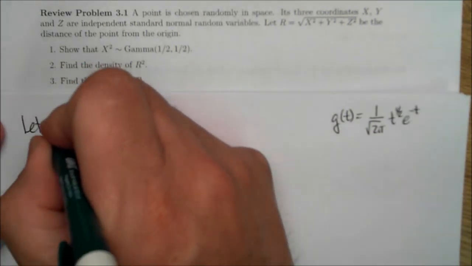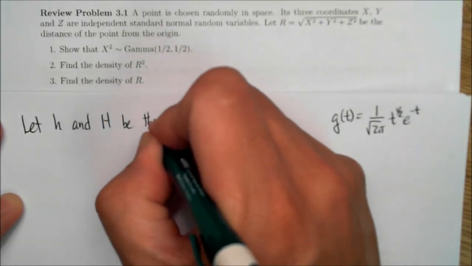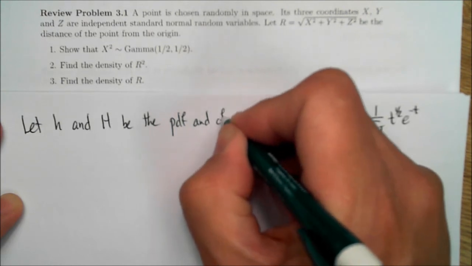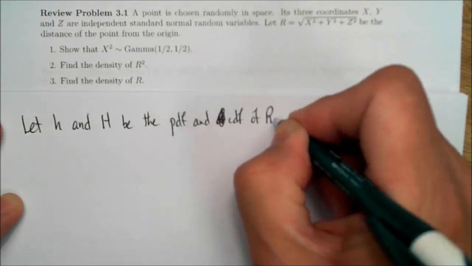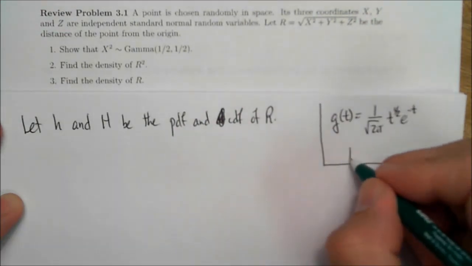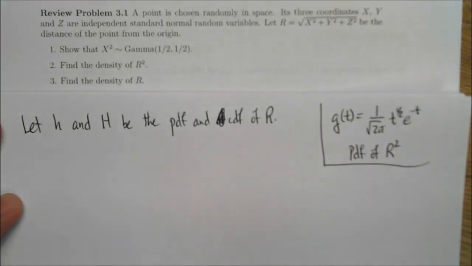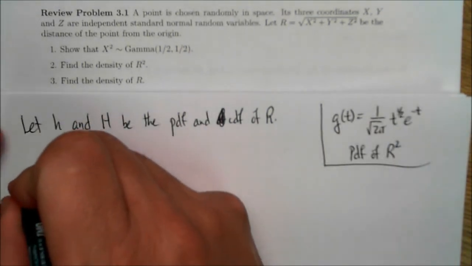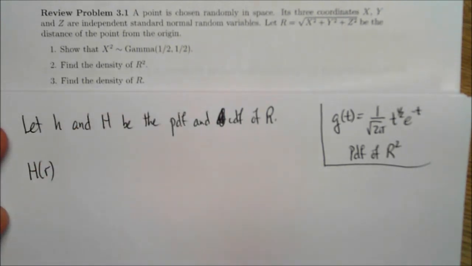So let little h and capital H be the PDF and CDF of r. And this right here is the PDF of r squared that we just did. Okay, so again, my preference is to find the CDF explicitly and then differentiate to get the density, the PDF.